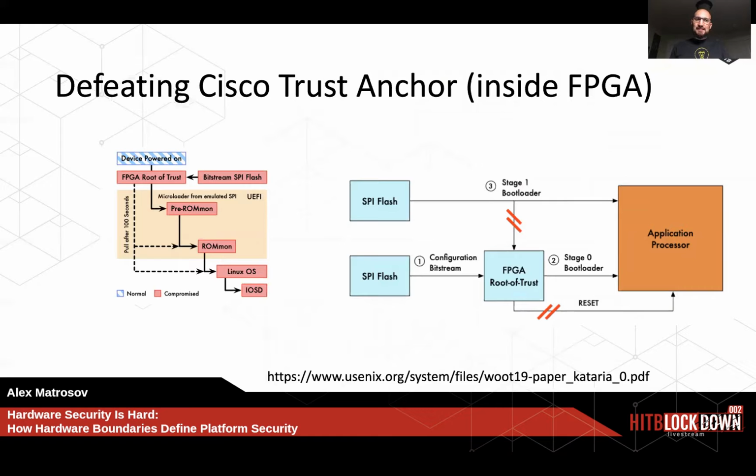Also last year we saw the defeat of the Cisco root of trust security anchor, which is basically an FPGA board, and it provides an additional layer of validation for SPI flash, right? But if you think about the attack presented by Red Balloon researchers, what they did is find a way to unlock the device for a malicious bitstream.